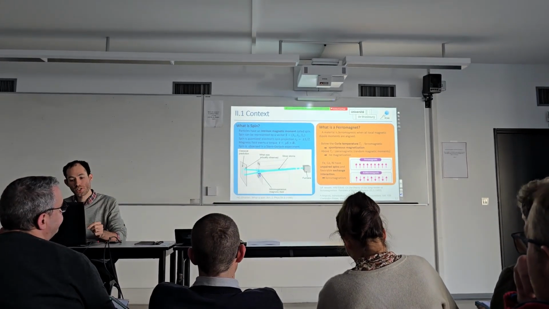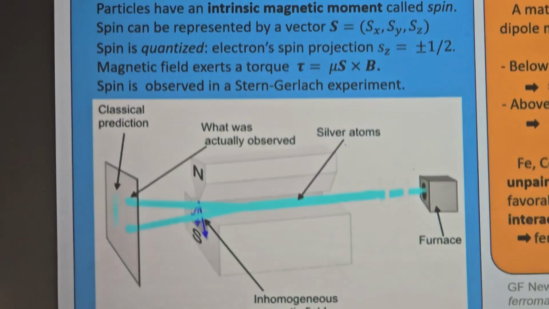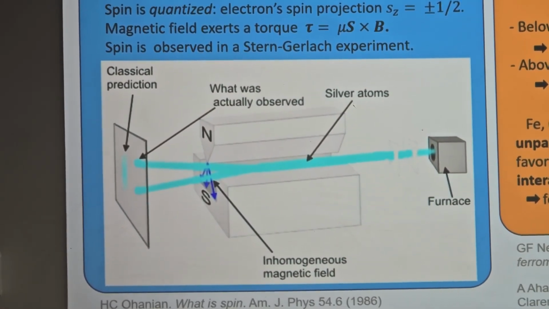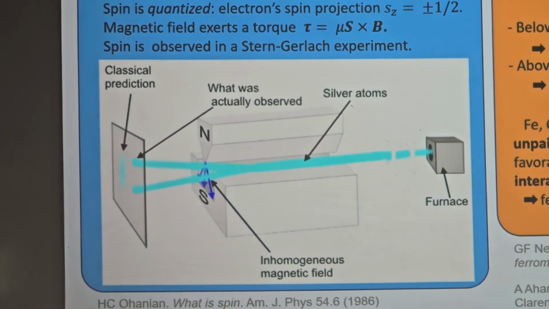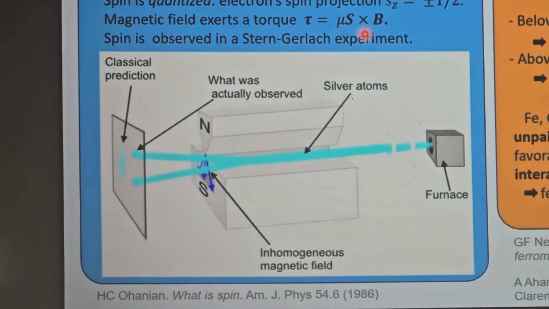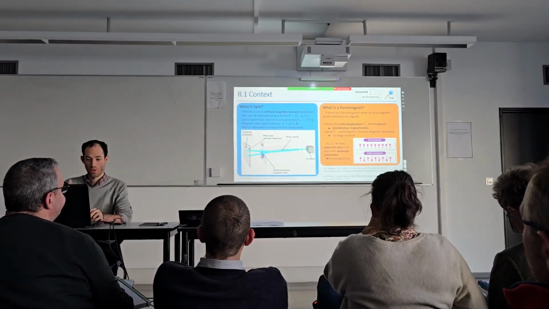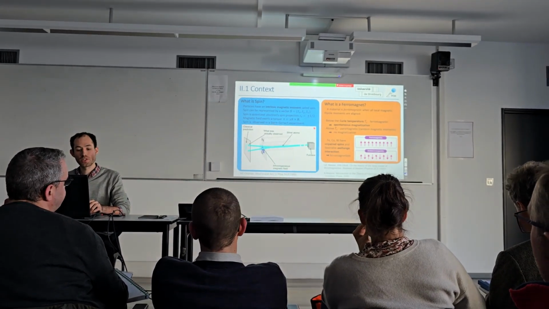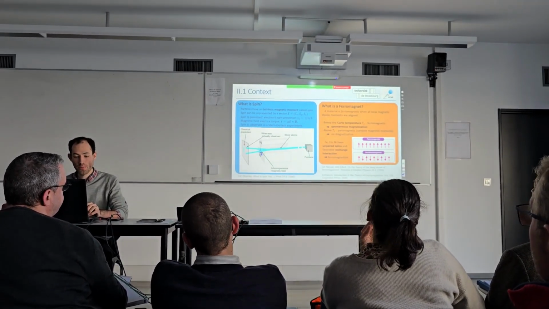And more effectively, the spin characterizes the way a particle reacts to a magnetic field, because the magnetic field exerts a torque on it, which will curve its trajectory. And pragmatically, spin is observed in Stern and Gerlach experiments.